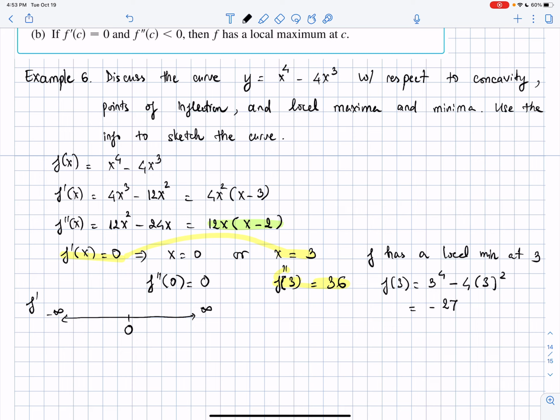So I put in the values into f prime, the first one. If I put a negative number in f prime, what is my f prime? F prime is right here. So if I put a negative number, I will get negative.